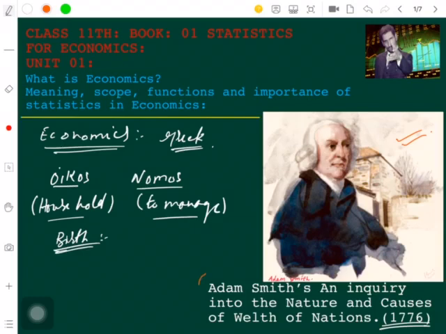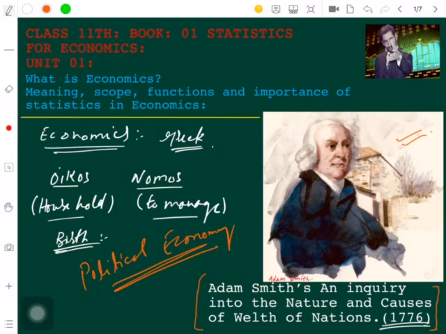This book was in a way a revolution. It gave birth to such a thought, such a way of thinking, which we term nowadays as economics. But at its birth, economics was basically political economy. Political economy means that it was such a subject which was only used by the governments, the nations.